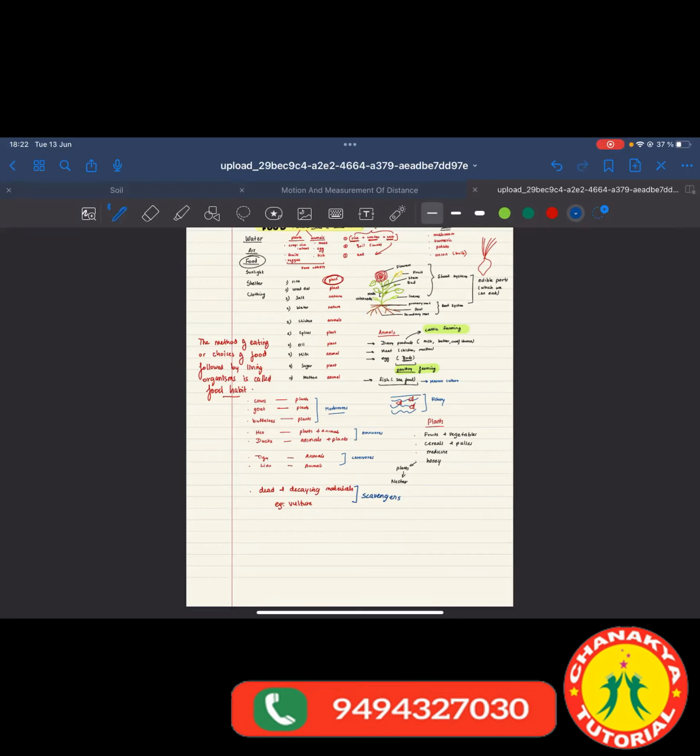Yes, it will eat. Dead means definitely there will be germs. But maybe their body is designed in such a way that the germs will not affect them. Their body can actually kill the germs. That's why they are eating this rotten and decayed matter.